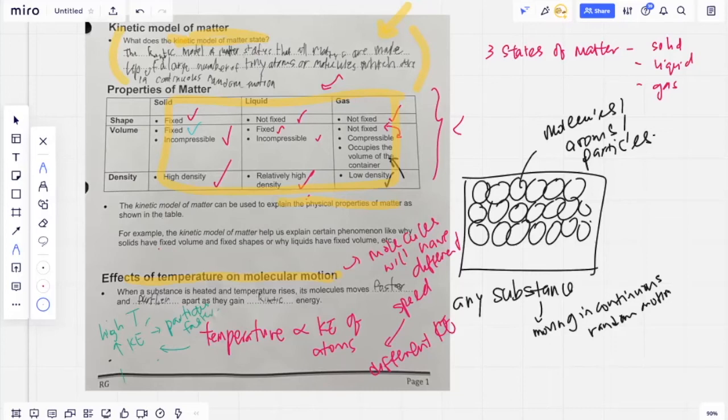At low temperature, the KE will be reduced, so particles move slowly. Okay, that is for this page.